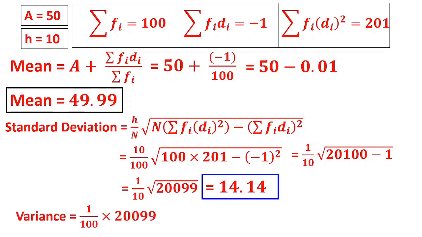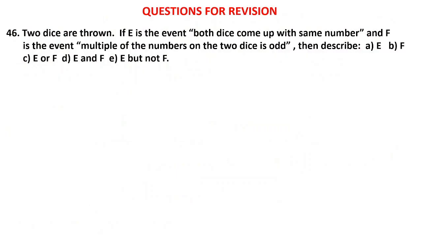Answer is 14.14. Now all of you know what is the meaning of variance. It is the square of the standard deviation. 1 by 10 whole square is 1 by 100, and square root whole square, all of you know, the answer is 200.99. This problem mainly depends on the calculation part. Check out the formula, do the calculations carefully in the table.